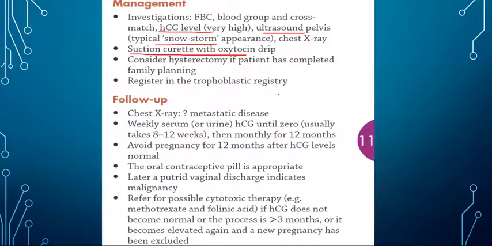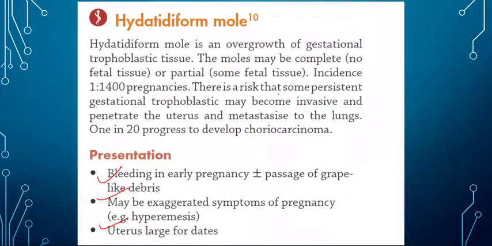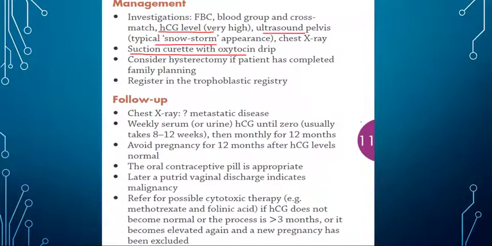Now, sometimes molar pregnancy can turn into choriocarcinoma. That means it can become cancerous, and it can even metastasize to the lungs. That's why this patient will need long-term follow-up, at least about a year. So the follow-up is important.